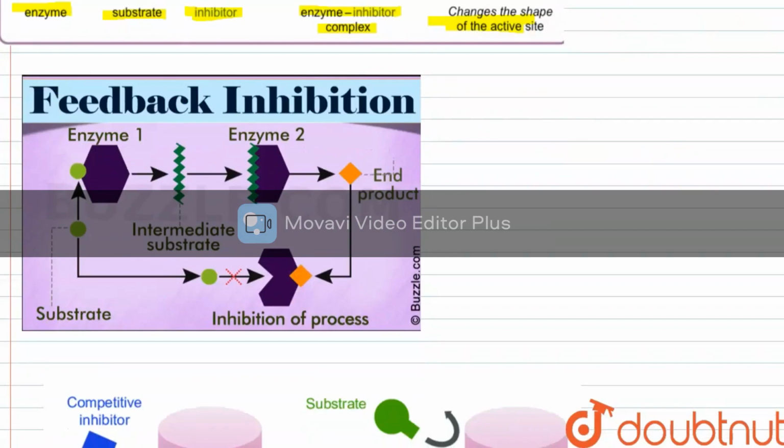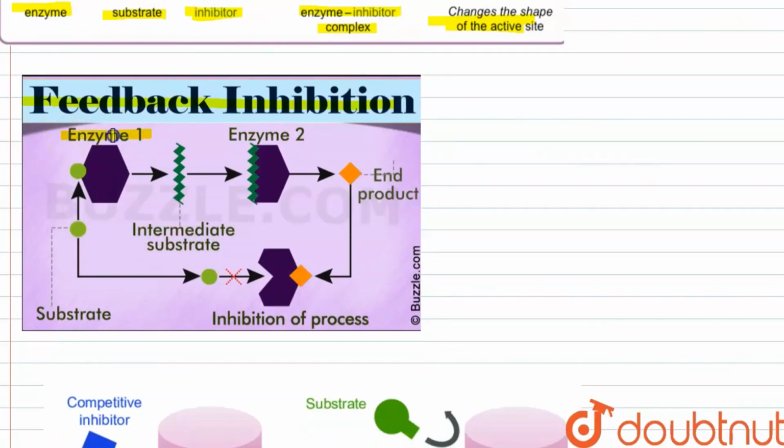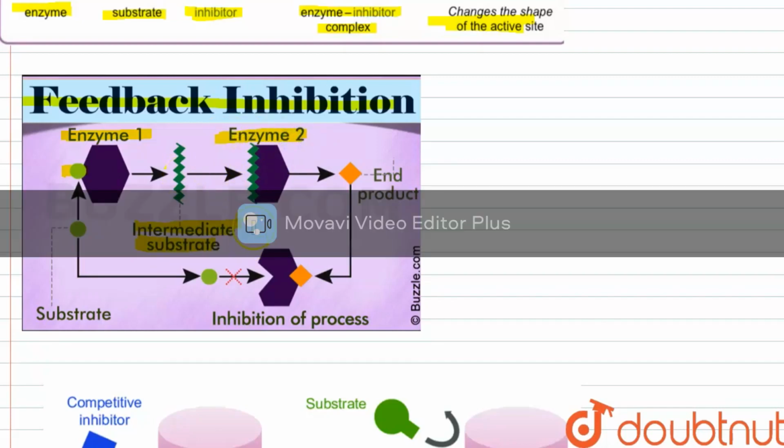Okay, now look at feedback inhibition. This is enzyme 1. It binds with the substrate and an intermediate substrate is formed. Now this is enzyme 2. It gets attached to the intermediate substrate and the end product is formed. Now this end product inhibits the process.